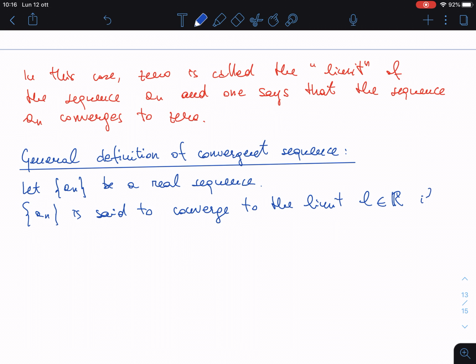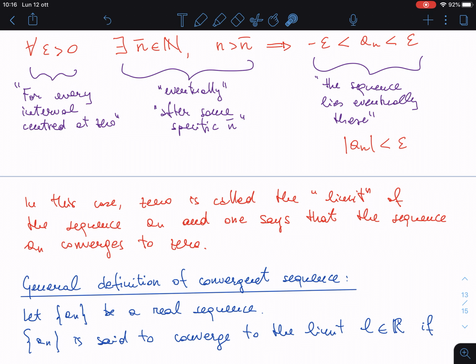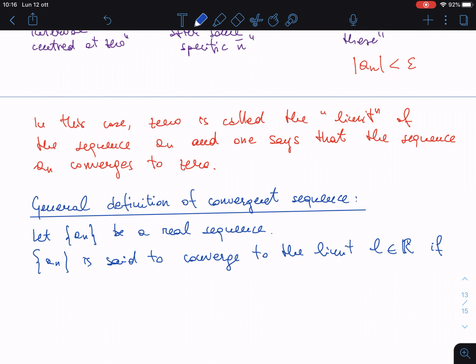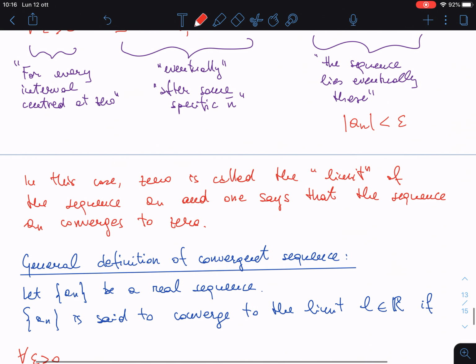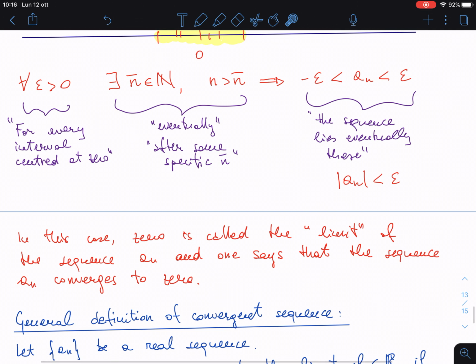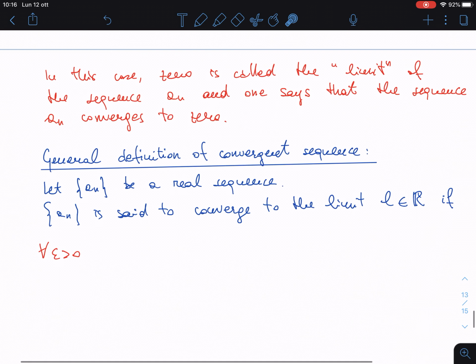Again, we want to say that however close we fix a distance to L, eventually the sequence will fall inside this distance, inside the interval centered at L, whose size is exactly the distance we fixed. So the distance is epsilon. For every epsilon larger than 0, then the idea of eventually, from a certain point on, from a certain label n bar on.